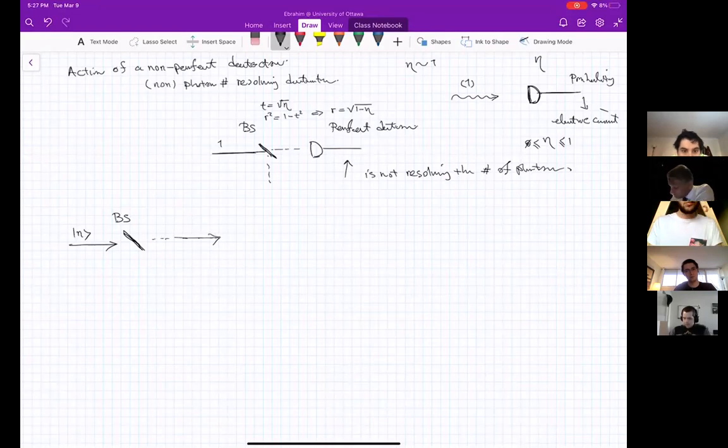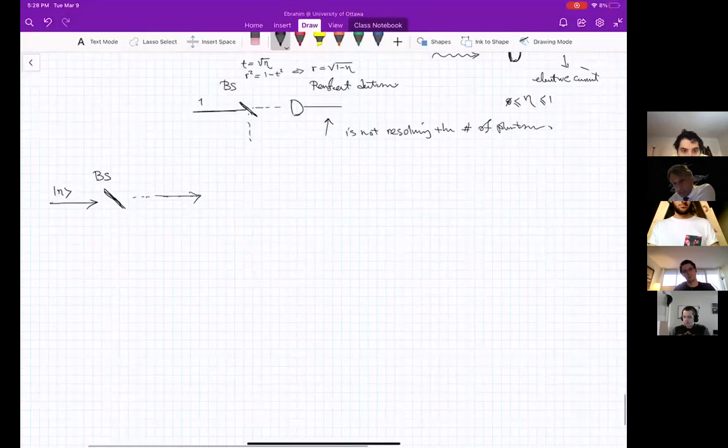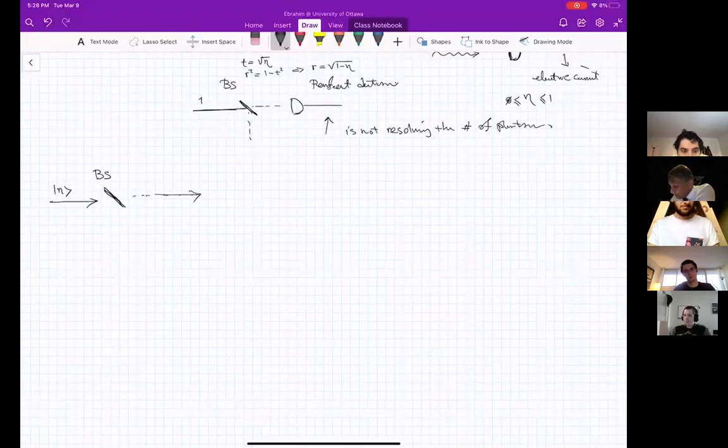Good. So again, I have to deal with the beam splitter. I have to do the calculation for a beam splitter and find out what is the relation between the output, which is C and D here, with A and B.